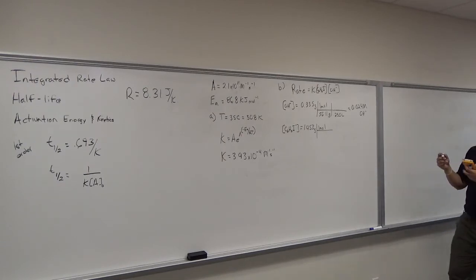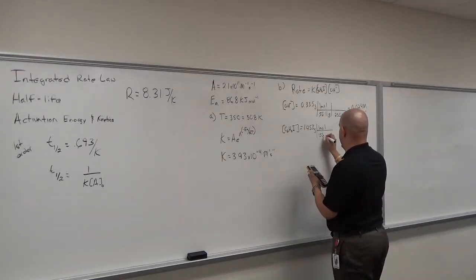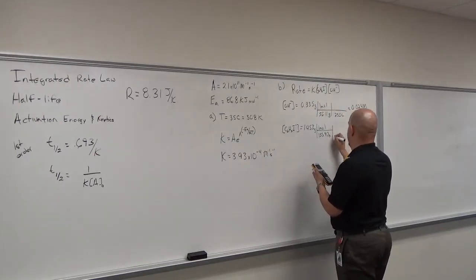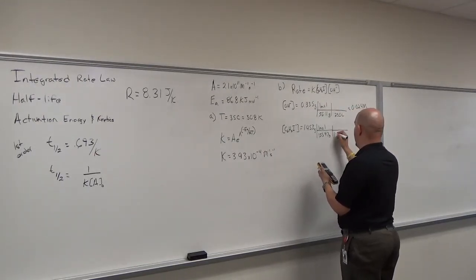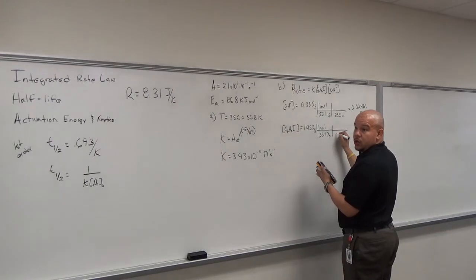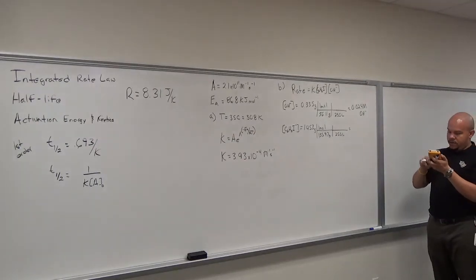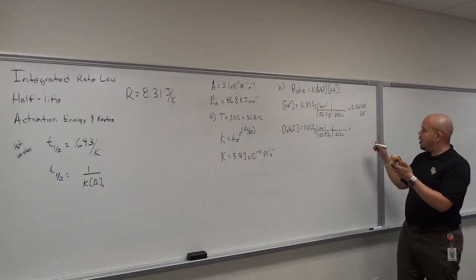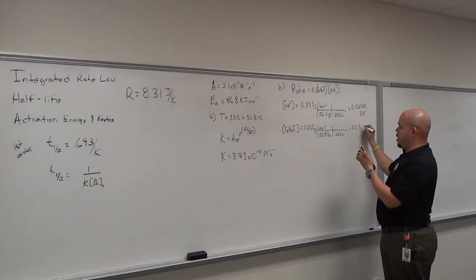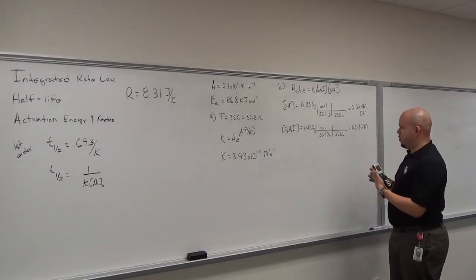So 155.97, all over 0.250 liters as well. So we're dealing with 1.453 divided by 155.97 divided by 0.25, and we have 0.037 molar.